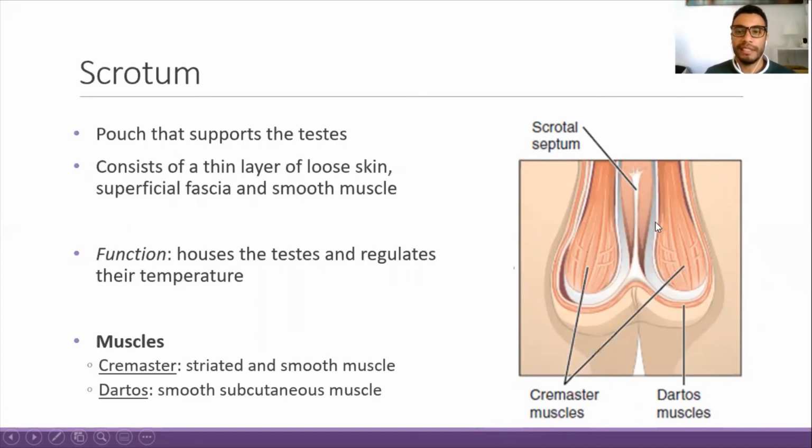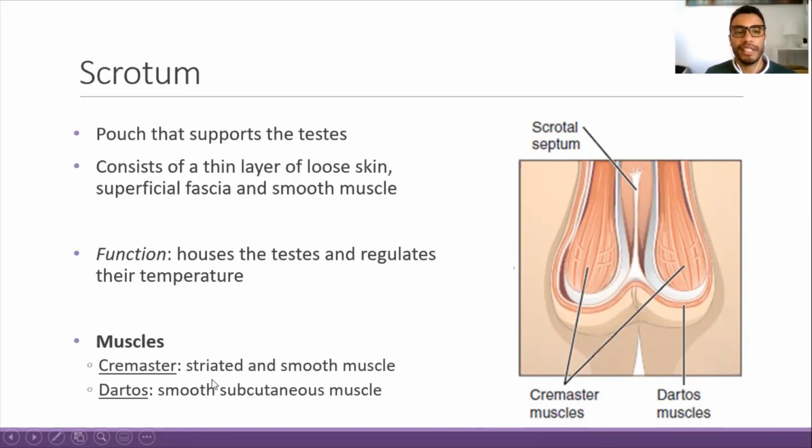Okay, because the optimal temperature for sperm production, storage and maturation is about 2 degrees below the normal body temperature. So that's why they are housed externally to the pelvic cavity.